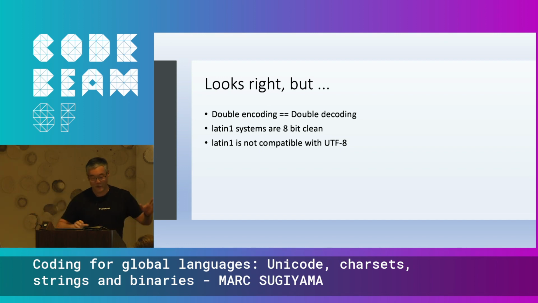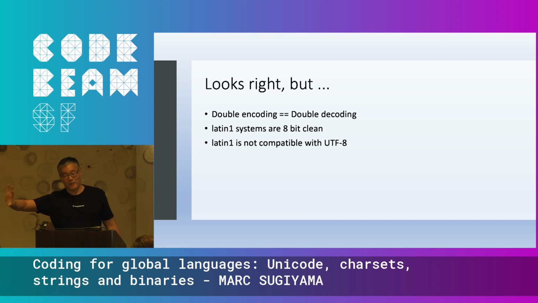So if you take a Latin 1 string encoded as UTF-8, and encode it as UTF-8 again, and then reverse it twice, you get the right answer, right? But if in the middle you're storing it, you're persisting it, you're putting it in a file, what you have in the file is completely wrong, right? And that's the kind of thing that was happening to us. It's like, well, I inserted the data, I select it back out, looks fine. But then if you actually looked at the back-end database, it's like, no, that's not right. The data's all mangled. So that was also a challenge.